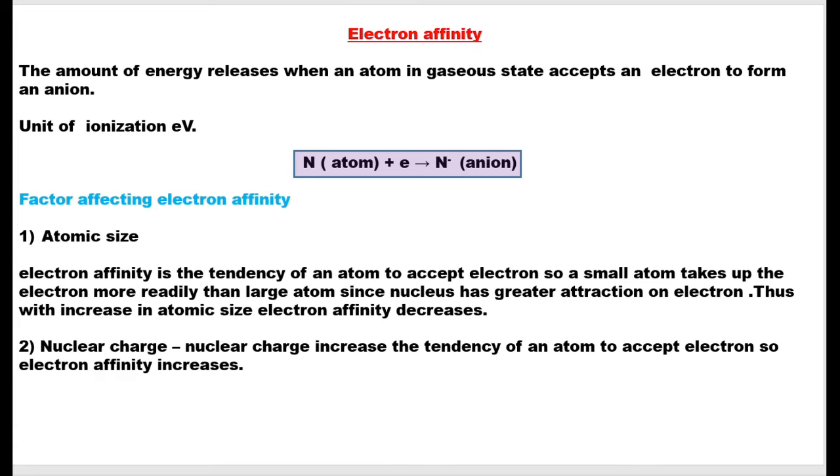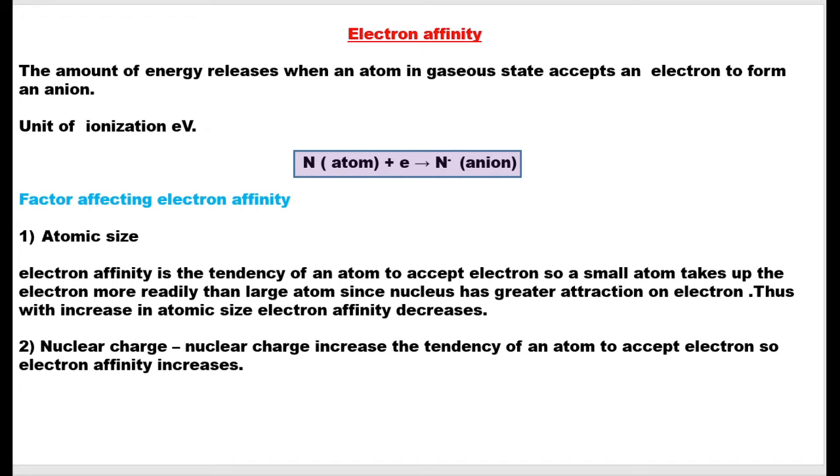electron affinity. From the word itself you can easily guess what electron affinity is. Affinity is to have affection towards something. So here something would be the electron. If an atom has a tendency to accept an electron, some energy needs to be released. That amount of energy released when an atom accepts an electron to form an ion is called electron affinity.